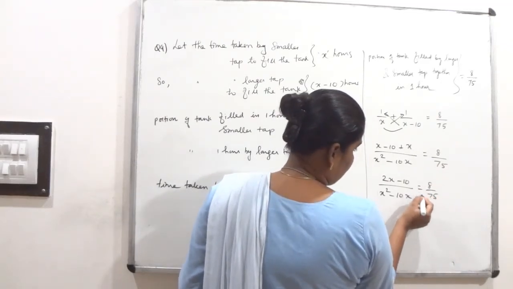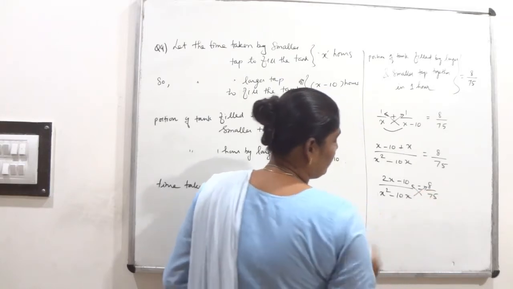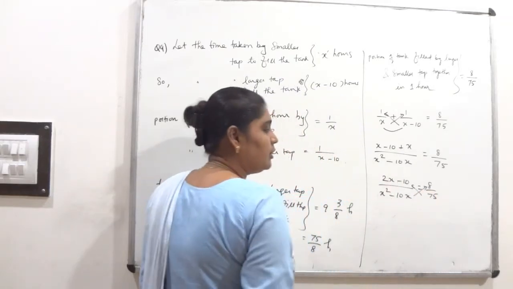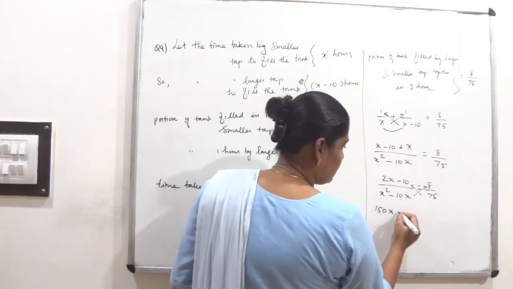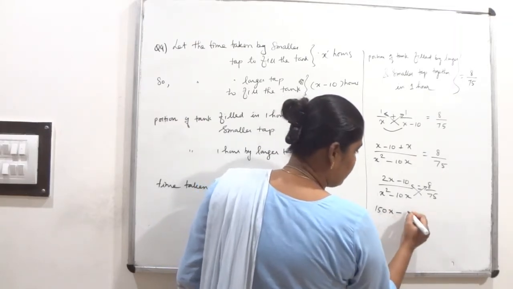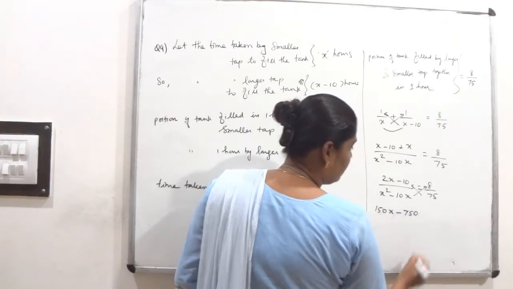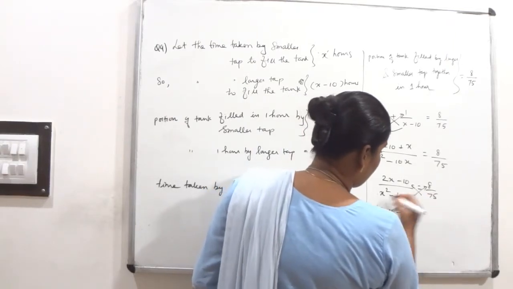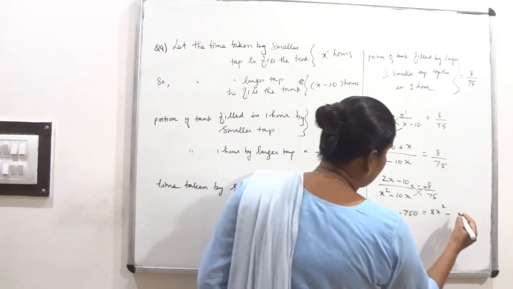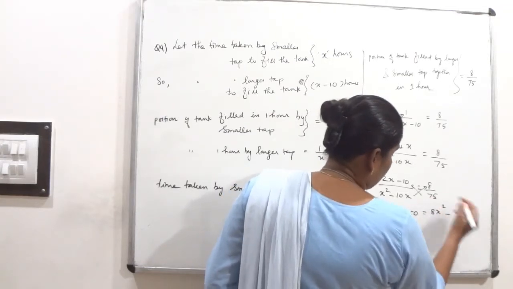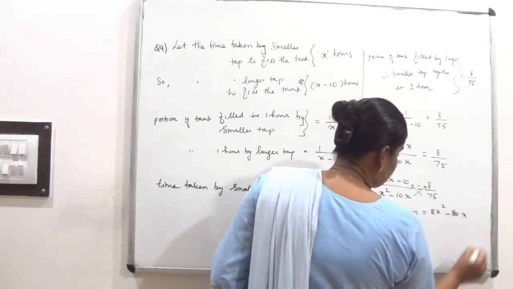Do the cross multiplication. 75 into 2, that is 150x as it is, minus 10 into 75, 750, is equal to 8 into x square, 8x square, minus 10 into 8x, that is minus 80x.